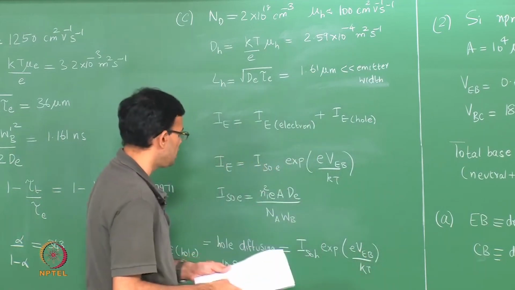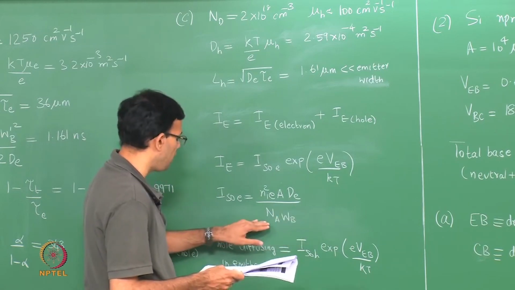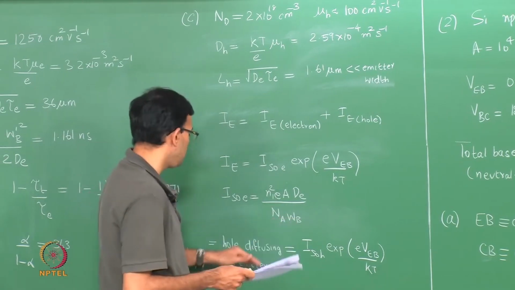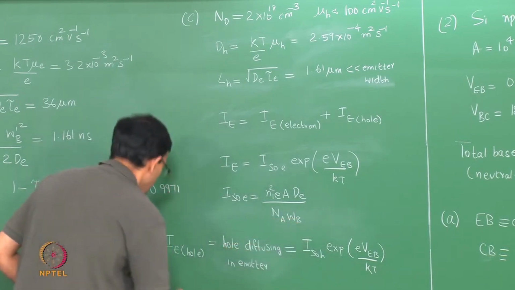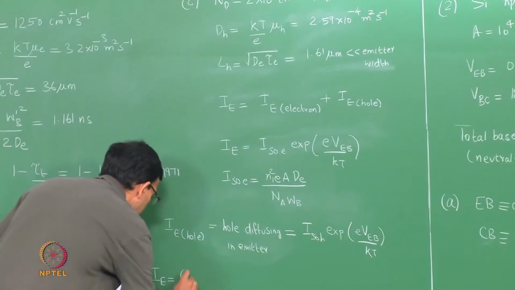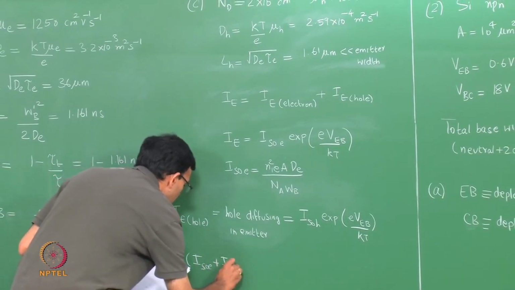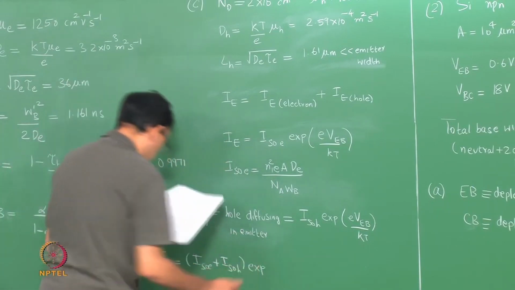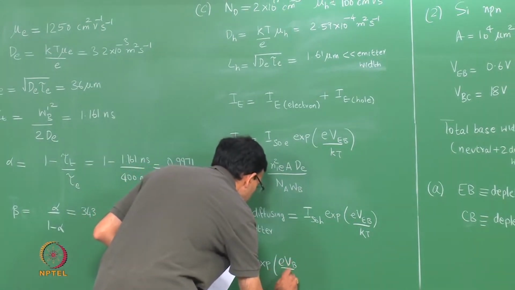In this particular case I S naught H will have a similar value, except this will have ND and will have DH. So, we can take these two components and add them together, so that your IE, which is the emitter current, is I S naught E plus I S naught H, exponential E VEB over kT.